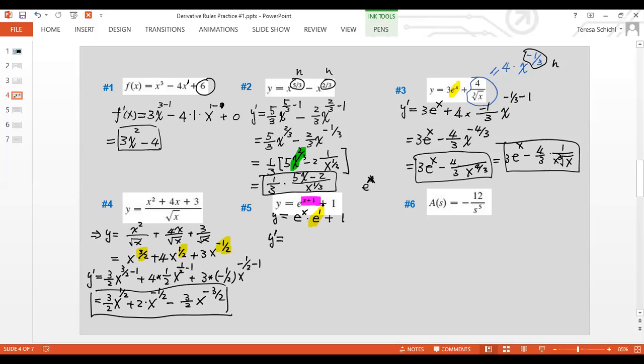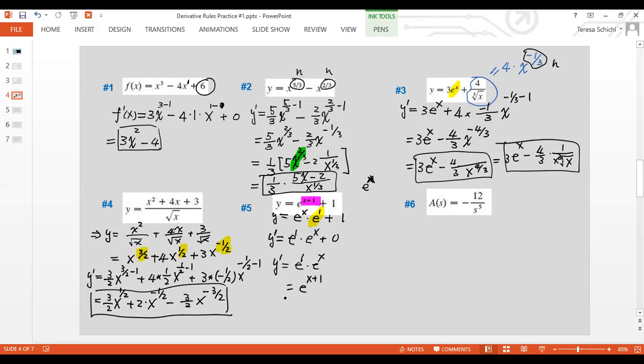Based on our rule, it will just be the constant times the derivative of e to the x. What is the derivative of e to the x? It will just be itself, right? Now what happened to this constant? This is a plus 1, so it will be 0. So what is my y prime here? The y prime will be e to the x. If you combine it back, it's e to the x plus 1 here.